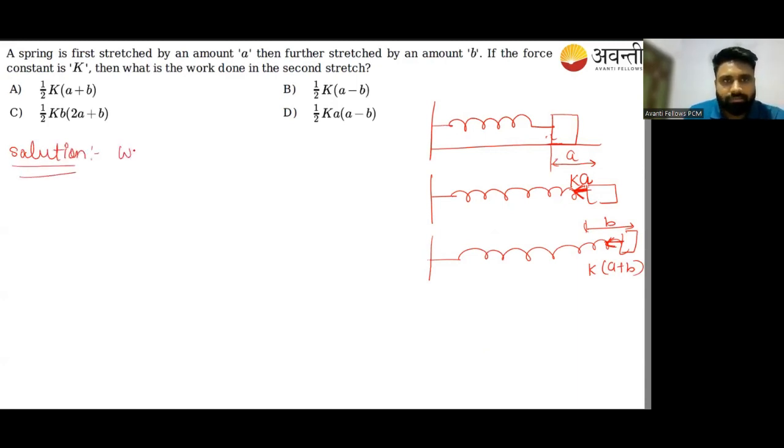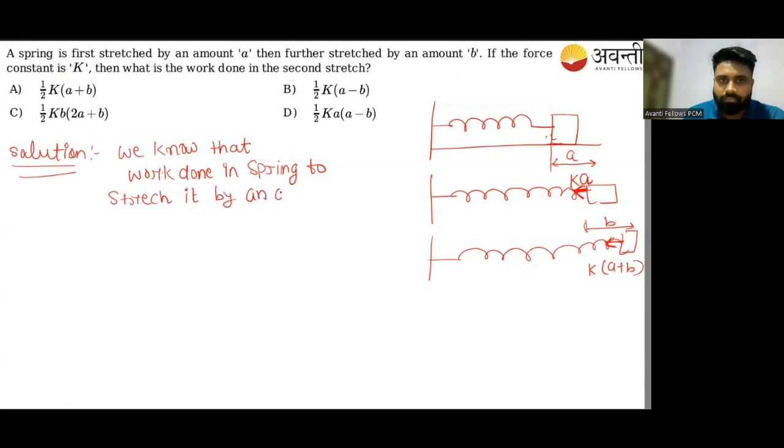Now, the solution. We know that work done in spring to stretch it by an amount x is equal to 1 by 2 times k x square.